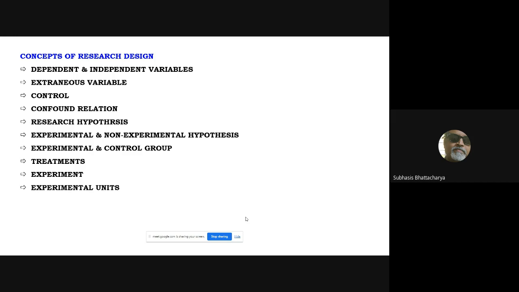For example, weight, height and income are measurable variables. Similarly, there may be attributes, qualitative phenomena that are also quantified on the basis of presence or absence.